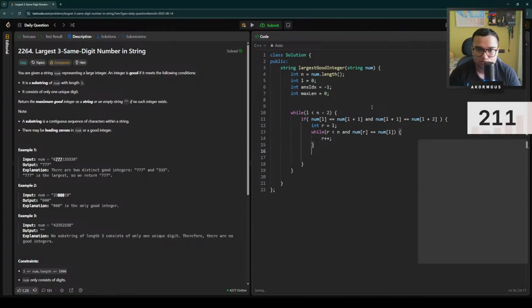Here, if this is the case, then from L to r minus 1 we have a potential answer. So if max len is less than r minus L, then max len equals r minus L and answer index equals L, and we move L by L equals r.